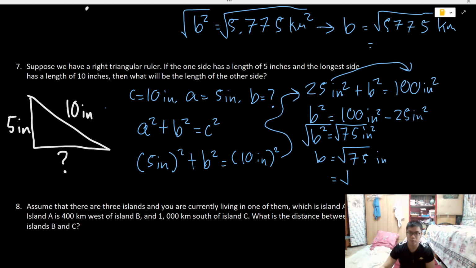So we can rewrite this as 25 times 3, because 25 times 3 is 75. We can separate the two factors with the square root. So we have the square root of 25 times the square root of 3 inches. With that, we will have 5 square root of 3 inches. So this is the exact answer.